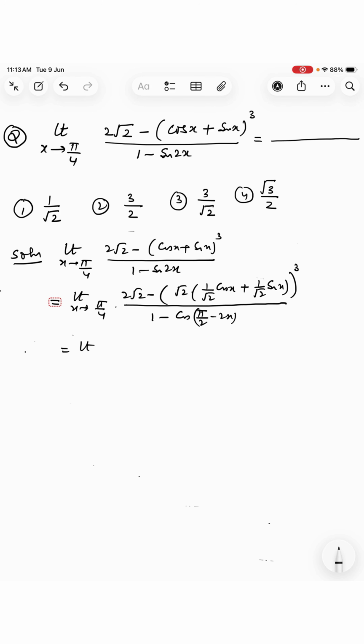This is limit x tending to pi by 4 of (2 root 2, root 2 outside the cube becomes 2 root 2, minus 2 root 2 times (1 by root 2 cos x plus 1 by root 2 sin x)), which we can write as cos of pi by 4 minus x by the a minus b formula. So the cube is there, divided by 1 minus cos of pi by 2 minus 2x.